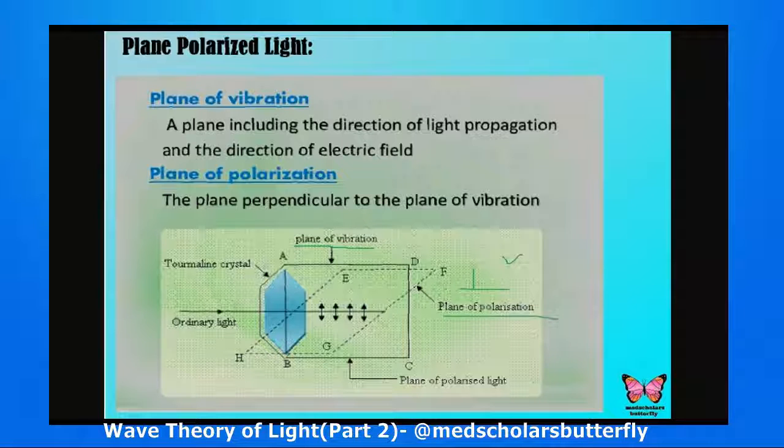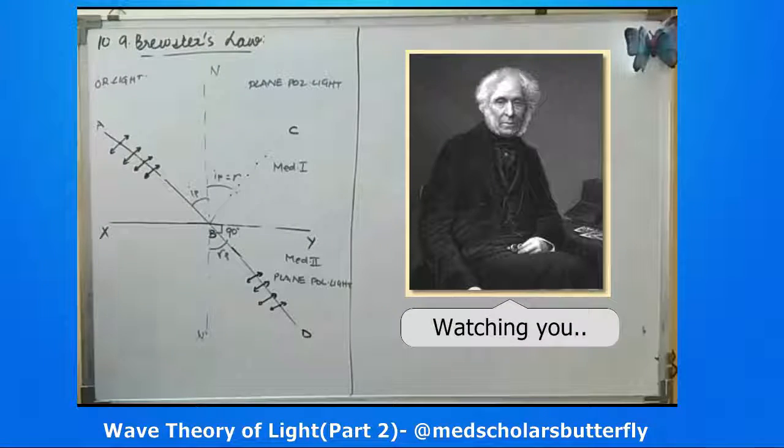Simple examples and definition. It states that the tangent of the polarizing angle is equal to the refractive index of the refracting medium at which partial reflection takes place. It means tan IP is equal to mu. What does that mean?